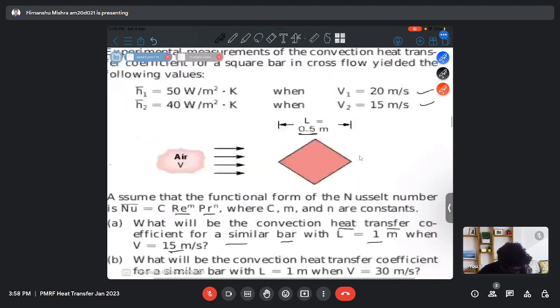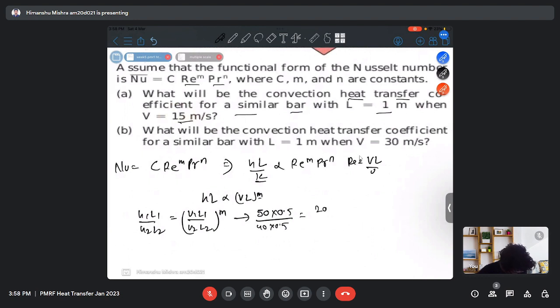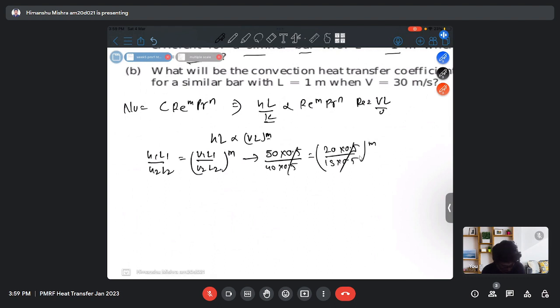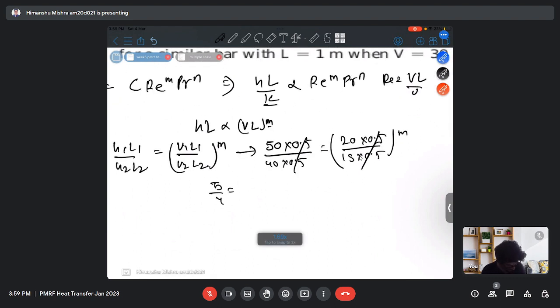V1 is 20. This is my L, so I can cross this. So it is just 5 by 4 equals 4 by 3 to the power m. So on just calculating this, we will get m as 0.782. So this is my m.